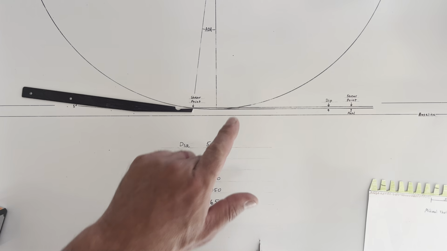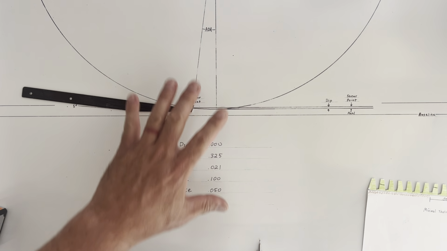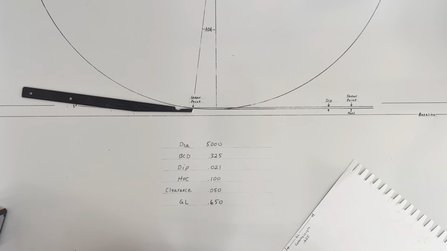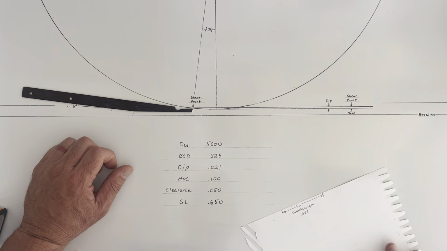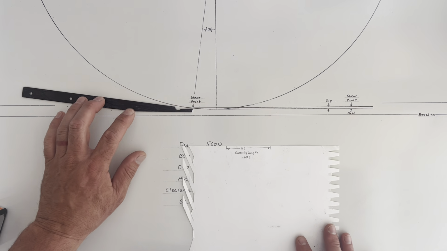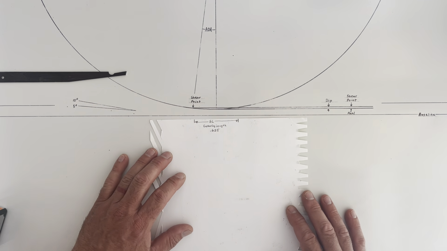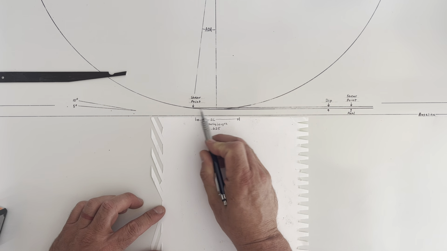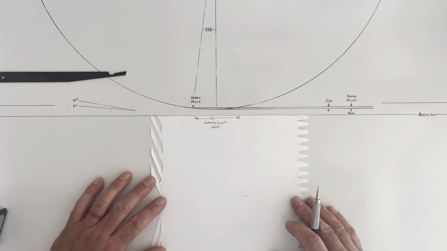So the aggression of this cutting unit, it's a little on the aggressive side. It's not as aggressive as some units. Again, this is the behind center distance from the center line to the shear point.